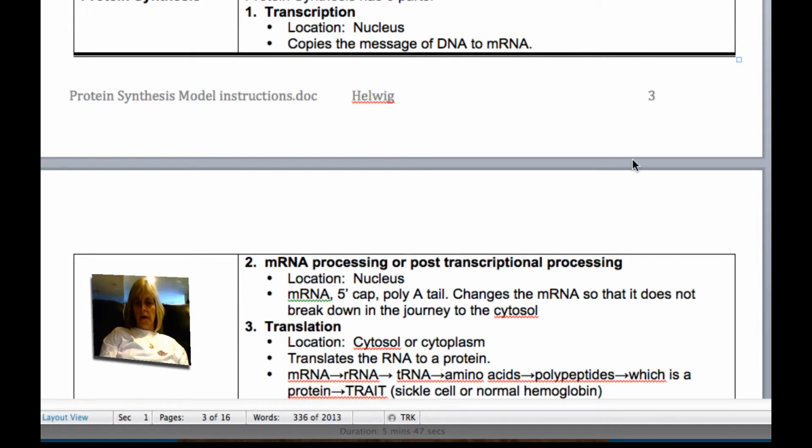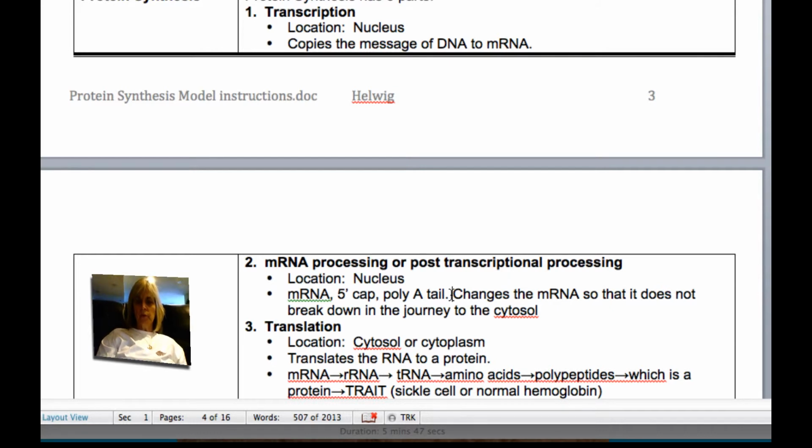We're also going to cut the introns out with spliceosomes. So in this process, we need a 5' cap, a poly A tail, and a spliceosome to cut the introns out.